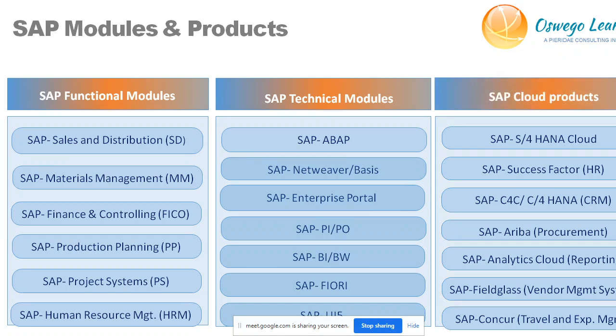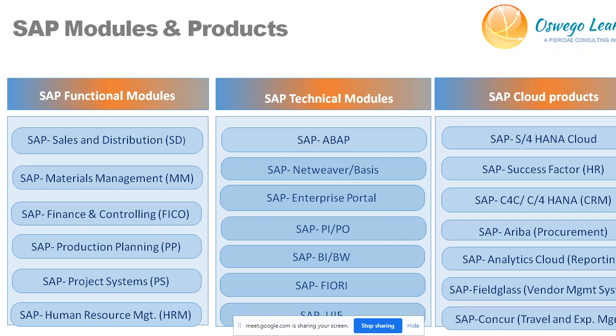SAP has launched many cloud products in the last decade. They have focused very much on the cloud products. Apart from on-premises S/4HANA or ECC, they have launched SAP S/4HANA Cloud. They have SuccessFactors, which is for the HR module. The next module is SAP C4C or SAP C/4HANA, which we are going to discuss elaborately today.